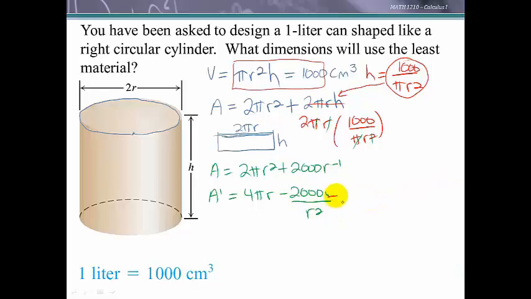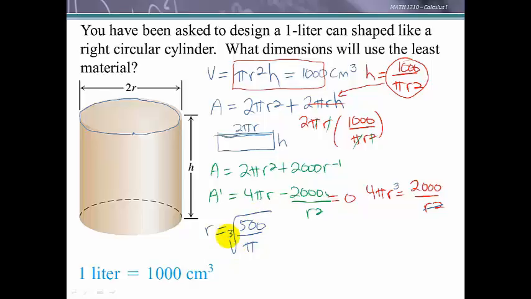We would like to know when this equals 0, so when 4 pi r equals 2,000 over r squared. Let's multiply both sides by r squared. That makes it r cubed, and we can then solve for r, which gives the cube root of 500 over pi.